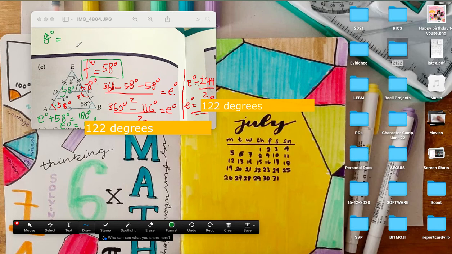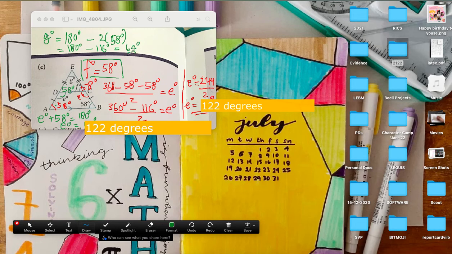So then G is going to be 180 degrees minus 2 times 58 degrees, so then it will be 180 degrees minus 116 degrees, so then I'll be having 64 degrees. Let me check.